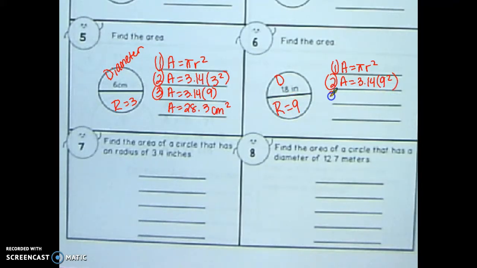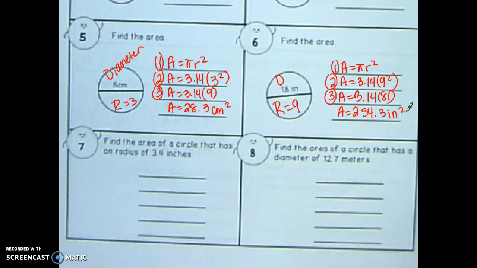And plug that in. 9 squared is 81. Multiply 81 by 3.14. And you will get that the area is 254.3 square inches.